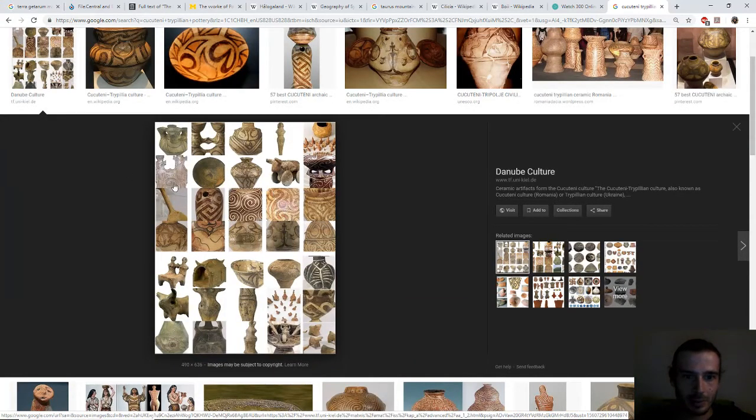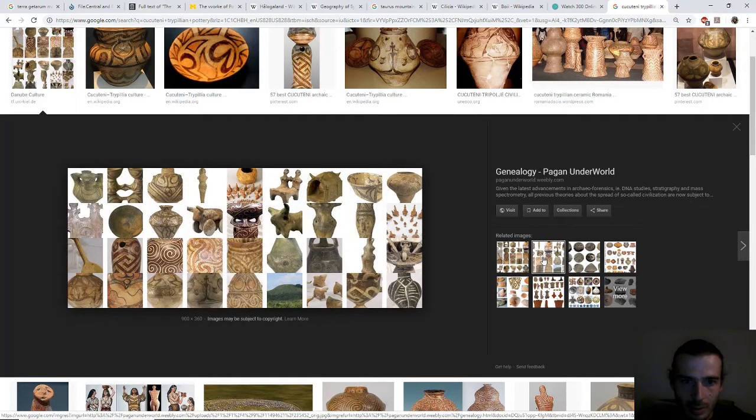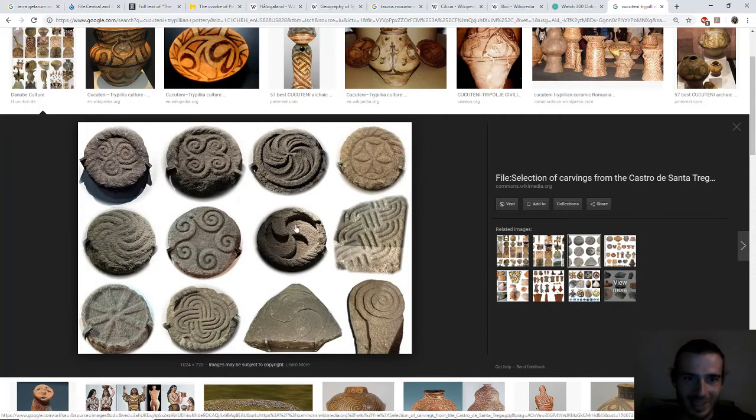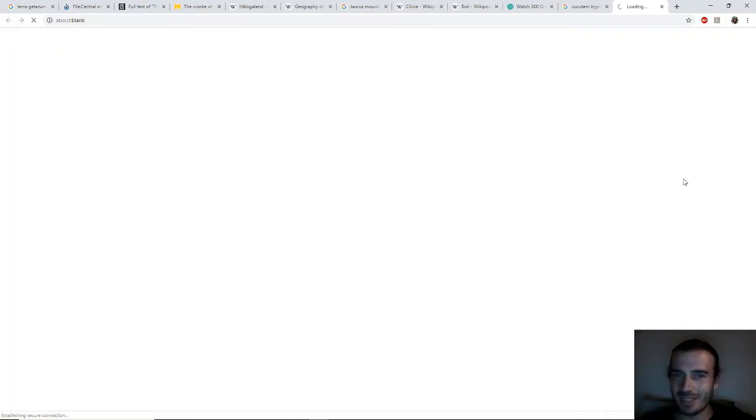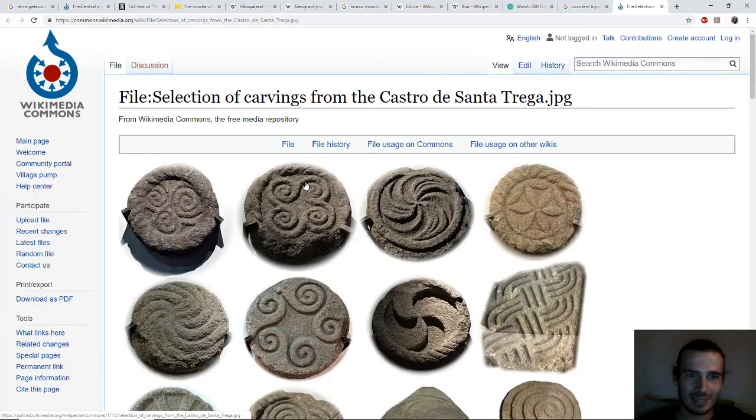So, oh, look at that, the swastika symbols. So many of them. Holy crap. What is this? Castro de Santa Trega.